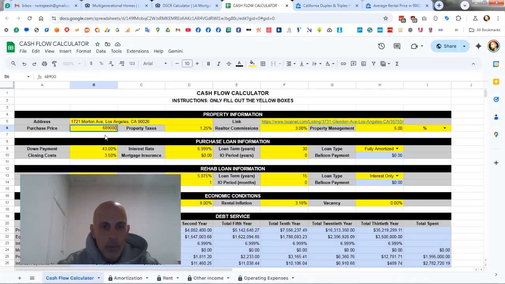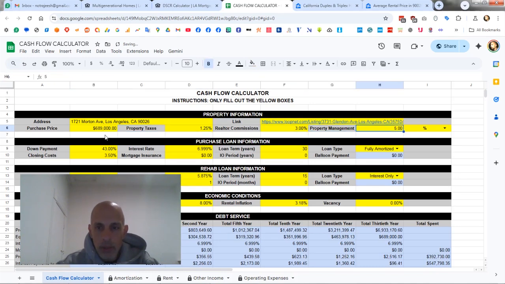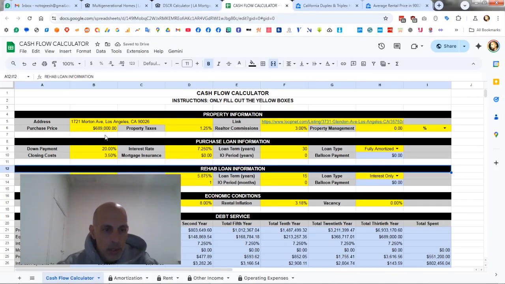$689. Property taxes, realtor commission, property management, let's say 0 because you're going to be self-managing it. Down payment, we're looking at maybe 20% down. Closing costs, 7.25 for the amortized.